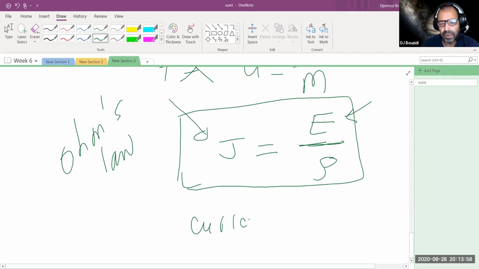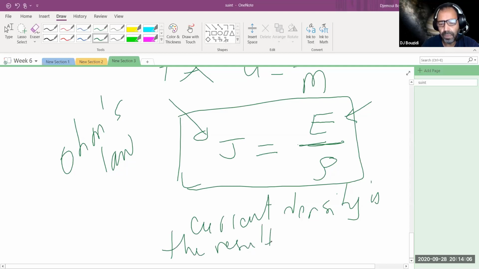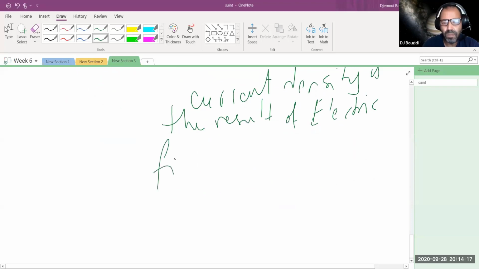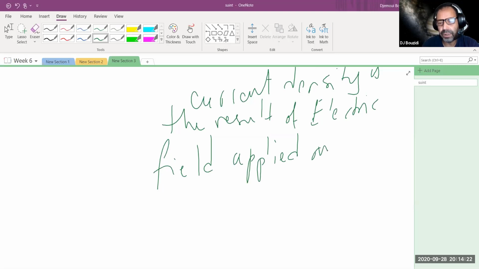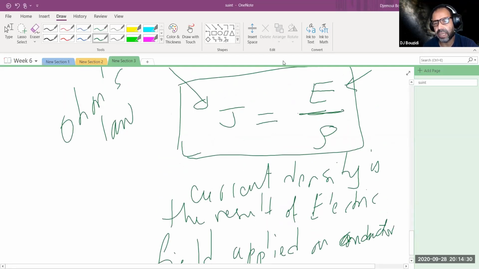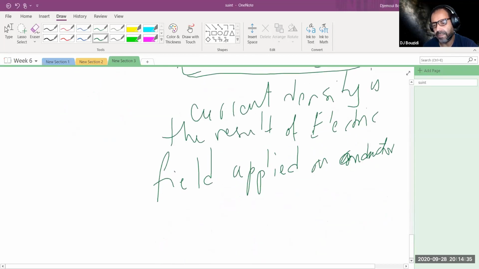So current density is the result of an electric field applied on a conductor. As long as the electric field exists, there is a current density, there is a J. So if E is 0, there is no current.